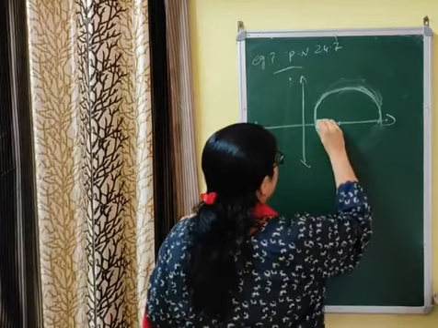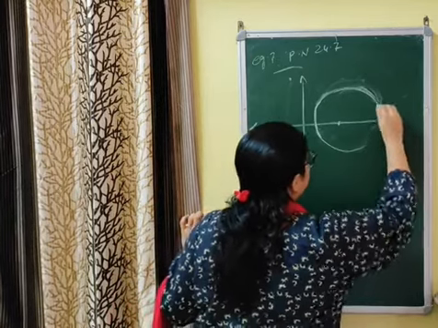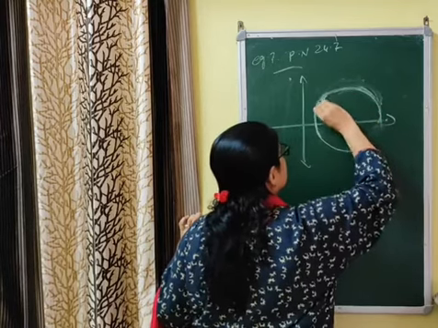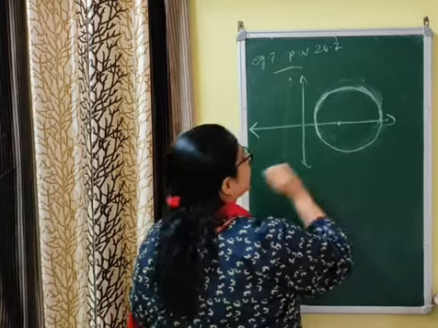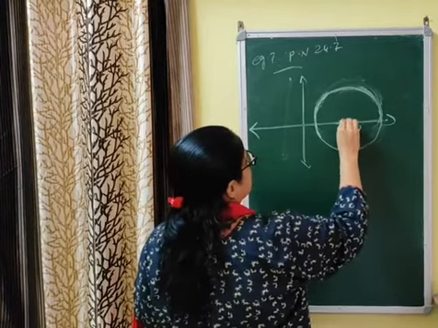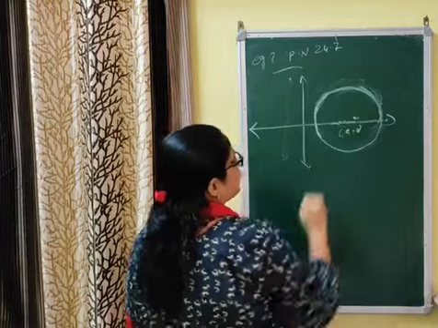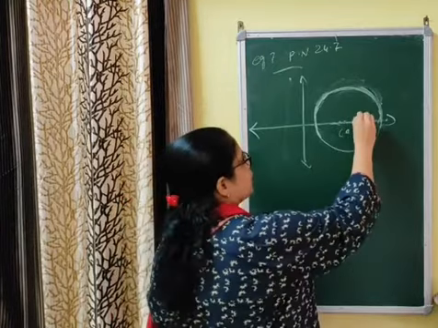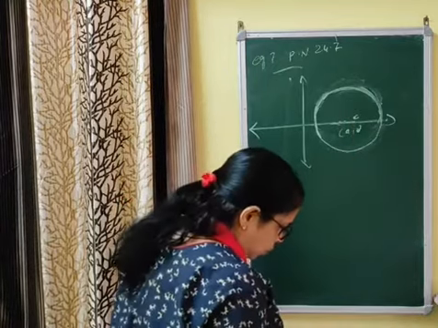Let me draw once more. The y-coordinate is 0. You can assume the center as (a, 0). This is C. And one more condition you are given is that it passes through the point (2, 3).